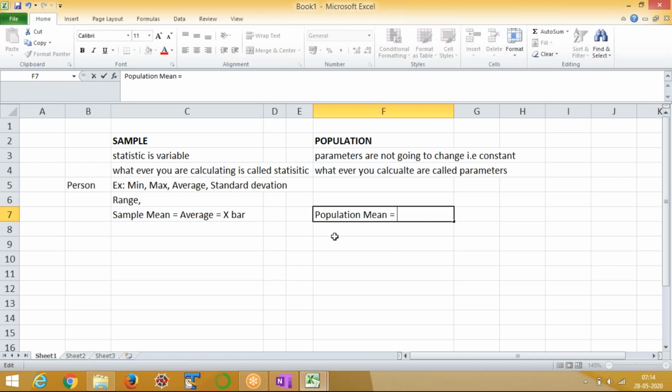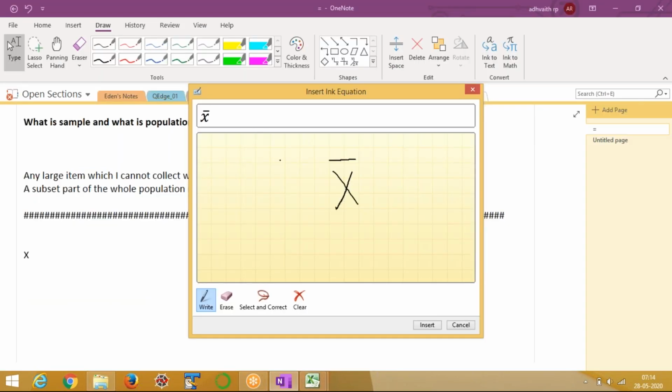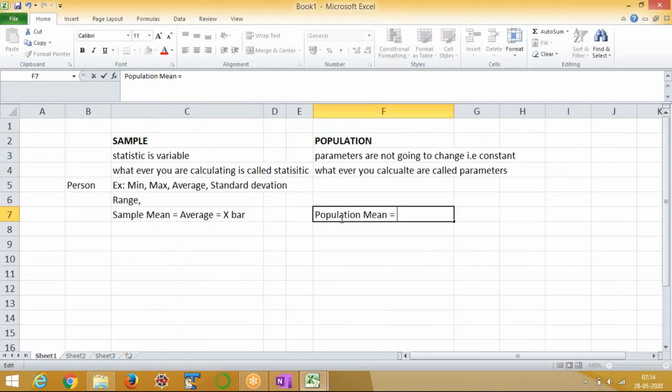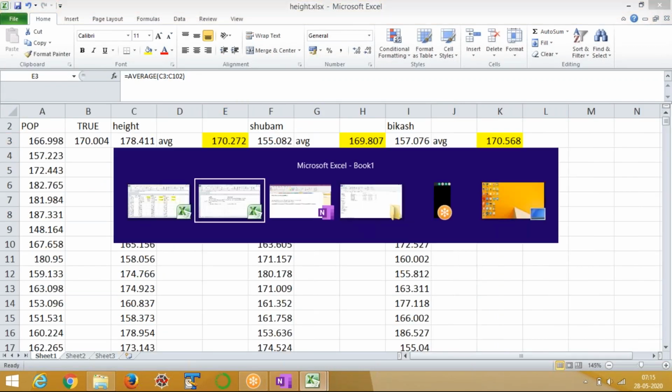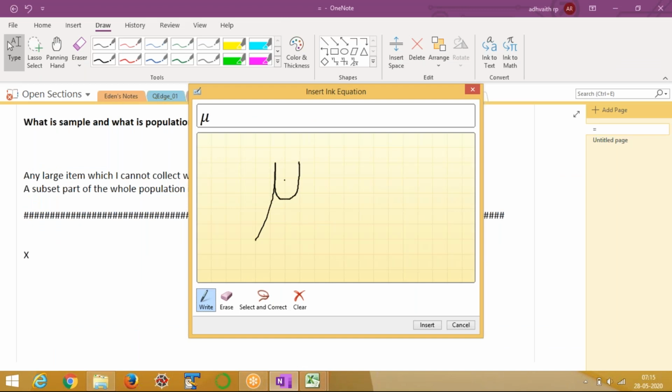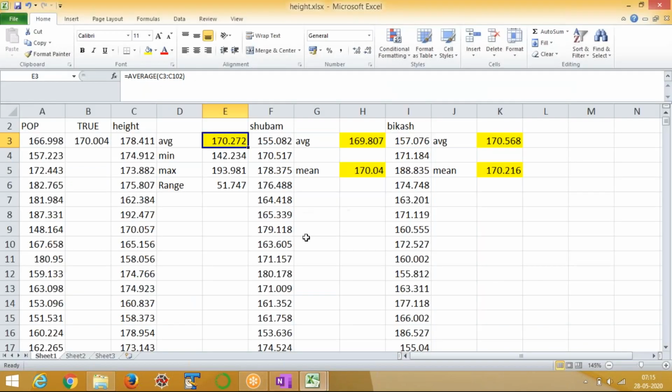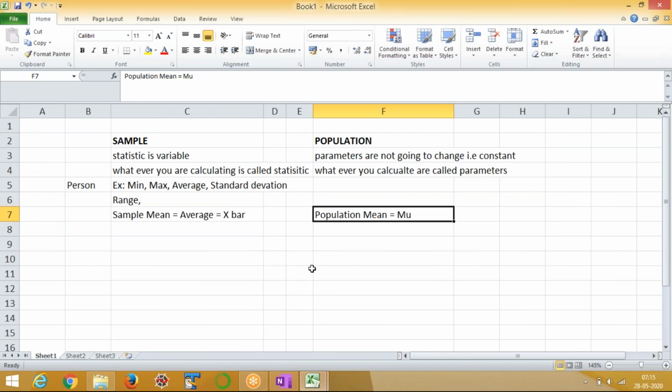And I will call this population mean mu. Do you remember this word? Mu? Yeah, we will call this one mu. So you can write here mu. If you have pen and paper, you can write it like this. All right. Yeah, that is the main difference.